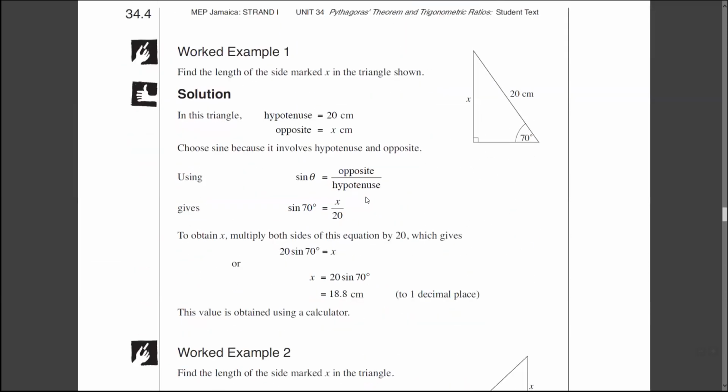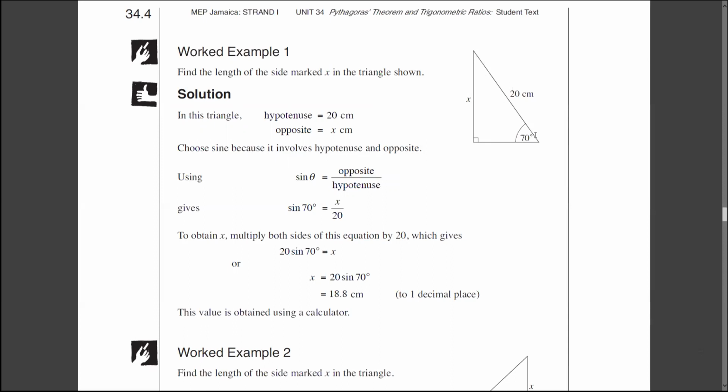In this case, you are trying to solve for this. Of course, I have to use a trig ratio that includes the side that you're trying to find and the side that is known. So check this out. This is opposite. This is hypotenuse. Then it's sine. Sine relates the opposite and the hypotenuse to the angle.